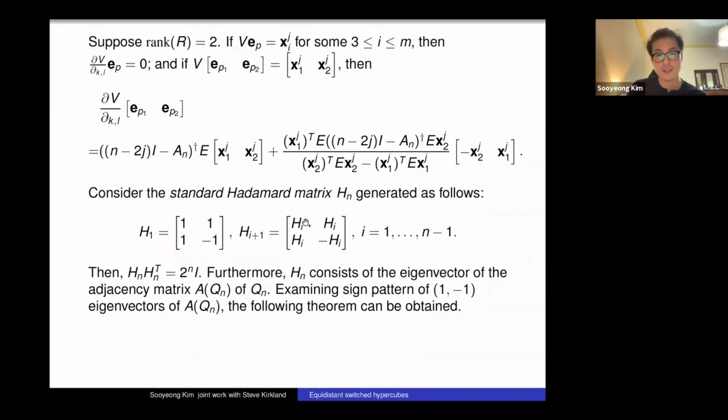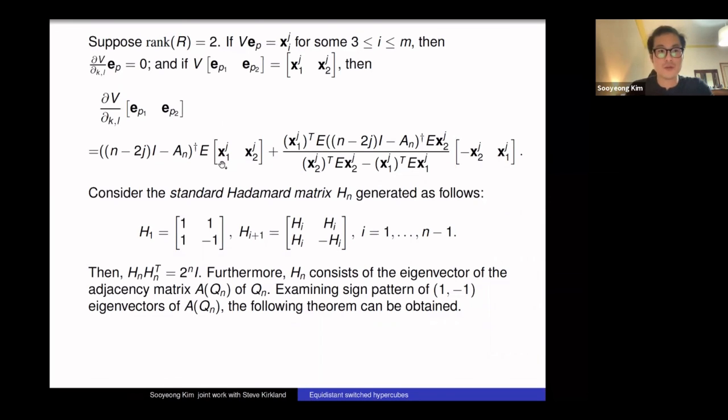And the thing is, every entry of the matrix is either 1 or -1. So examining the sign pattern of the Hadamard matrix, we can find the matrix V, and from that matrix V, we can obtain ∂V over ∂K_NL.